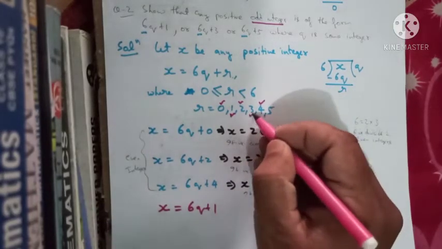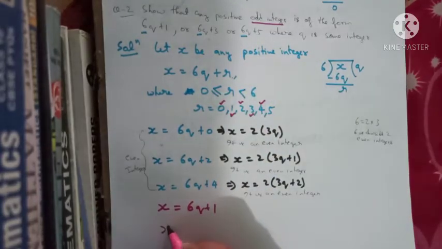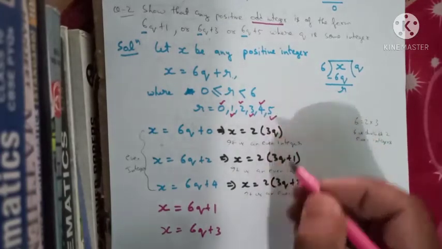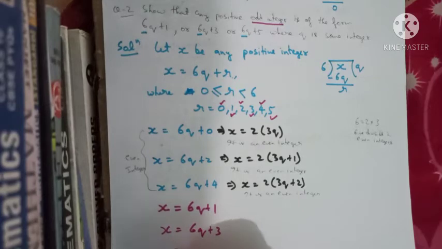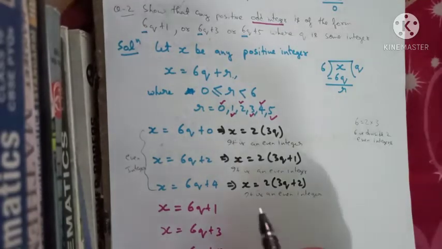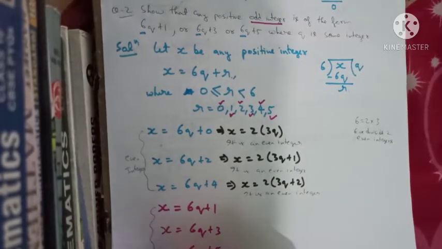When it is 3, then x will be equal to 6q plus 3. When the remainder is 5, then x equals 6q plus 5. So here we cannot take 2 as common from any of these three. So these are the cases where x is an odd integer.